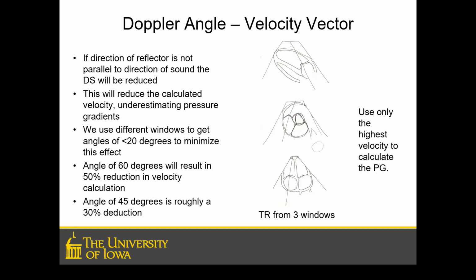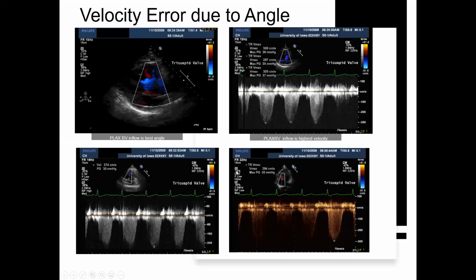That's the one we use to calculate the pressure gradient, because we know that velocity is the most accurate because we were closest to 0 degrees. Of note, even if you're at 45 degrees, you have a 30% reduction in velocity calculation. So it's something to really remember.